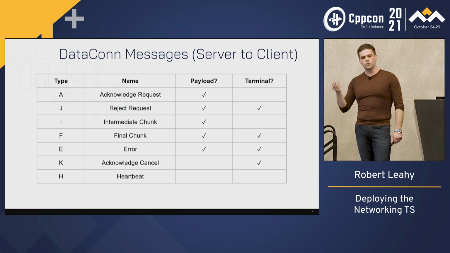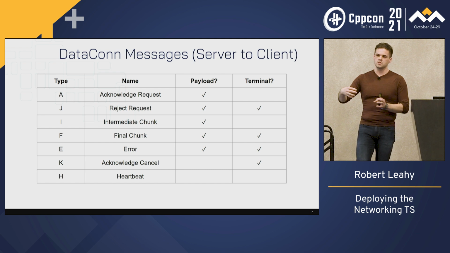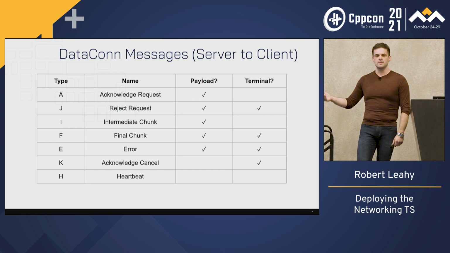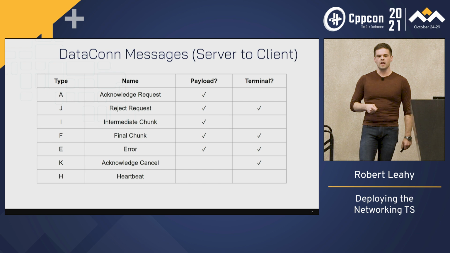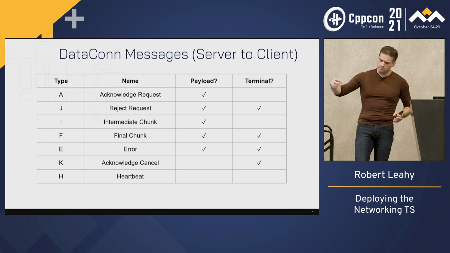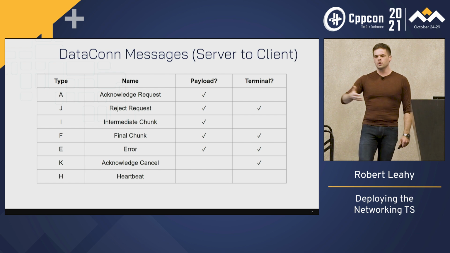Which brings us to actually transmitting that response. And for that, we have 3 messages. The first is intermediate chunk, which just transmits some part of that response, some application-specific payload. Another part will follow. The final chunk does the same thing, but has the additional semantic that the response is now done. That this is the last piece of data in the stream which is in response to the request. But this streaming formulation, this idea that we can't buffer the entire response in memory when we decide to accept it, means that maybe as we're processing our response, we run into some error.